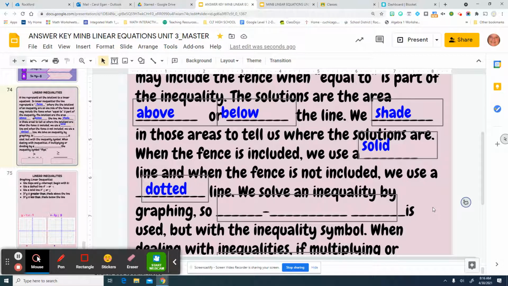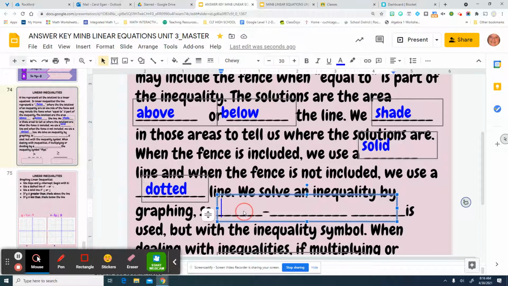So the same deal here with linear inequalities. When we have a dotted line, the solutions are up to but not including that line. When we have a solid line, it includes all the shaded area and the line. If we want to solve an inequality, we're going to do the graphing method.